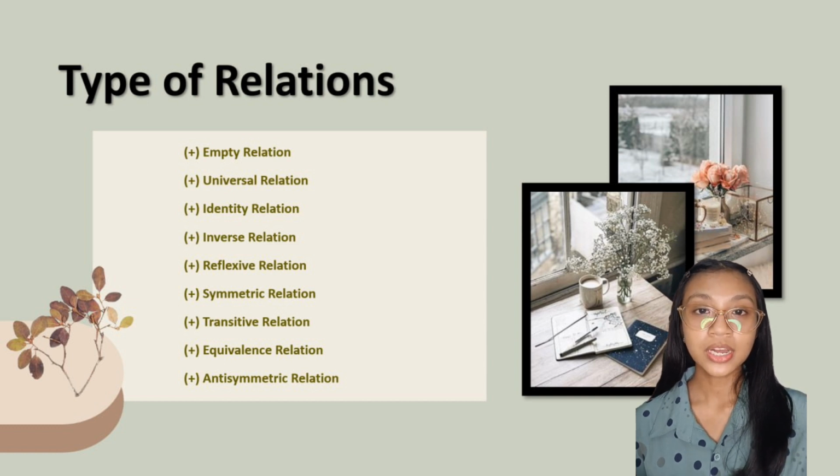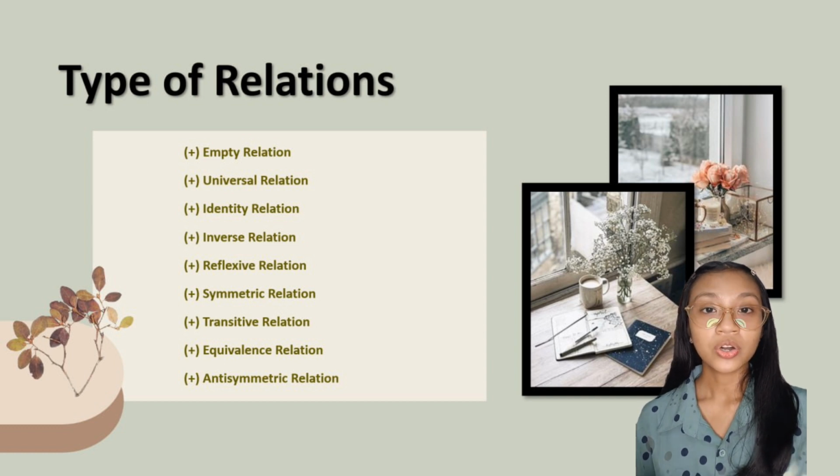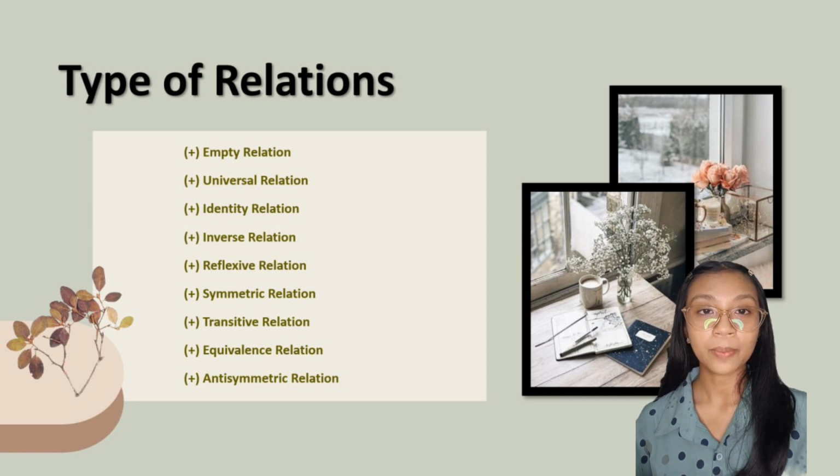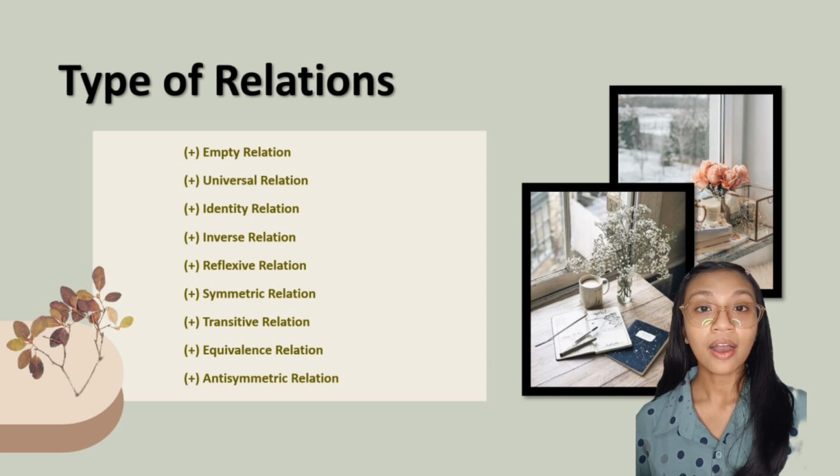Reflexive relation. A binary relation R defined on a set A is said to be reflexive if for every element a element A, we have aRa, that is (a, a) element R.